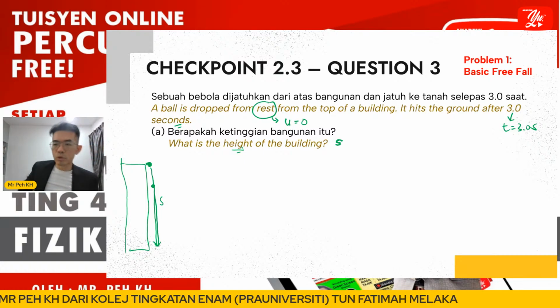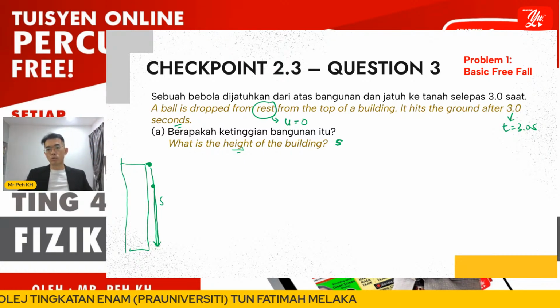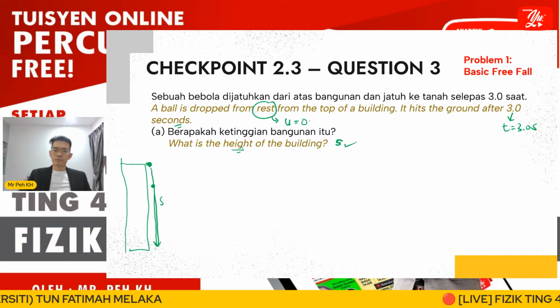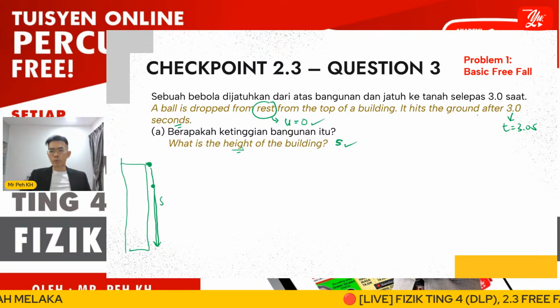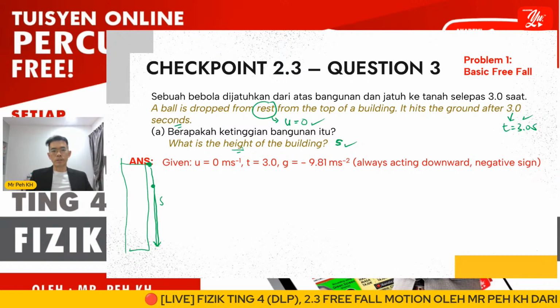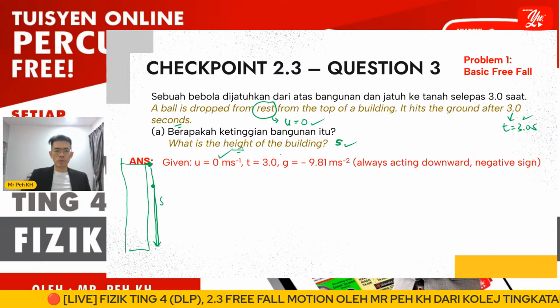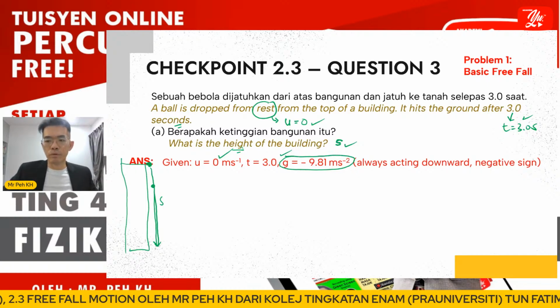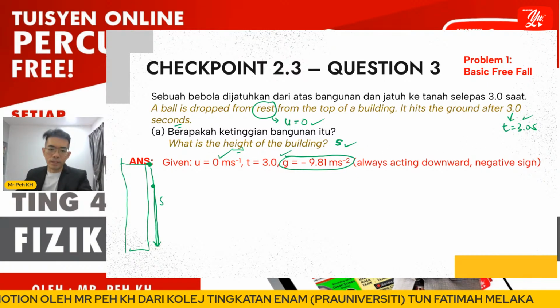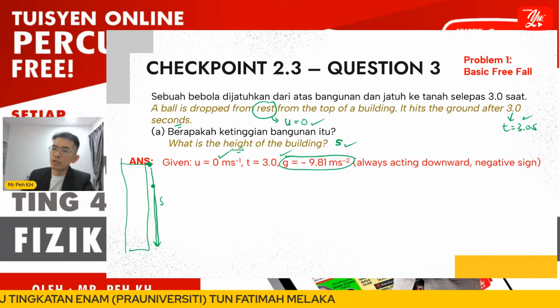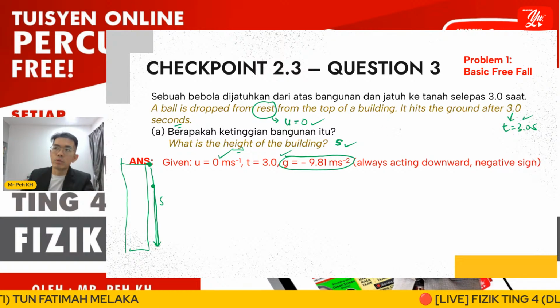Okay, so which equation do you need to choose? The question asks about s, given u and t. Okay, this value we know already: g is always acting downward with a negative sign, and the value is 9.81. So you should choose the equation s equals ut plus 1 over 2 gt squared.